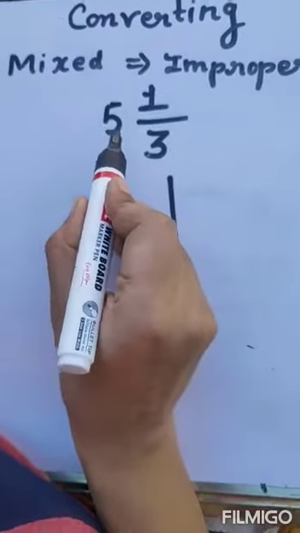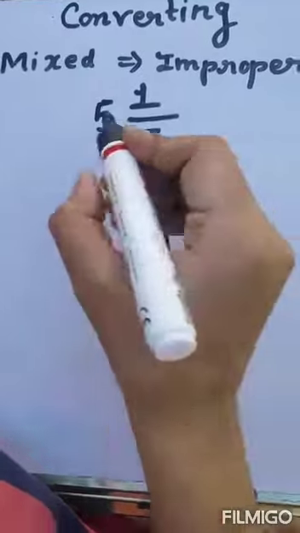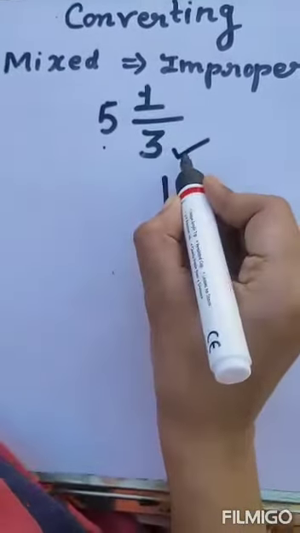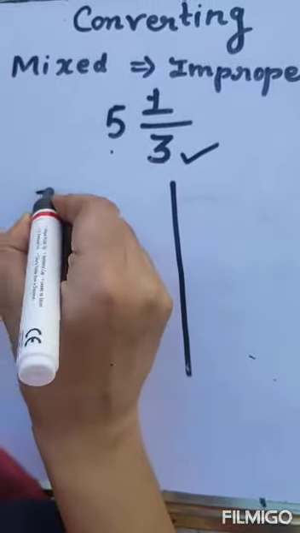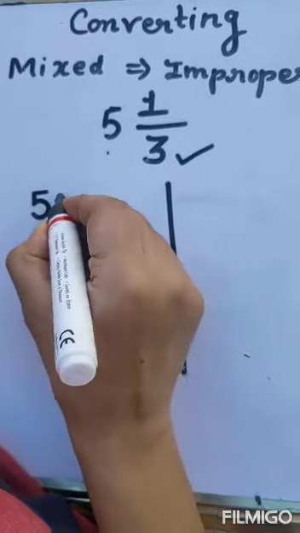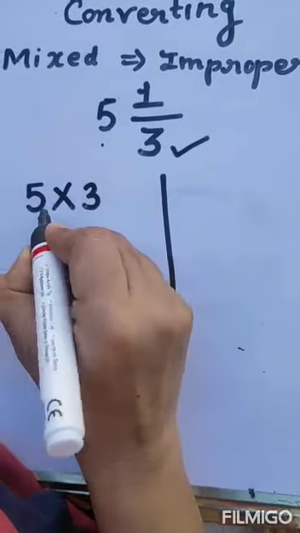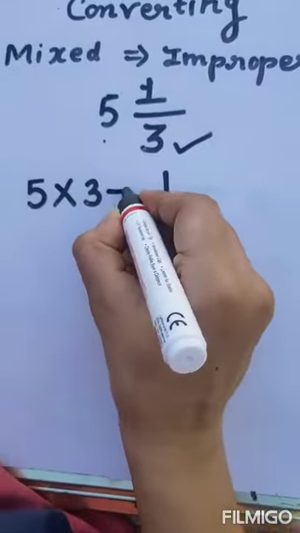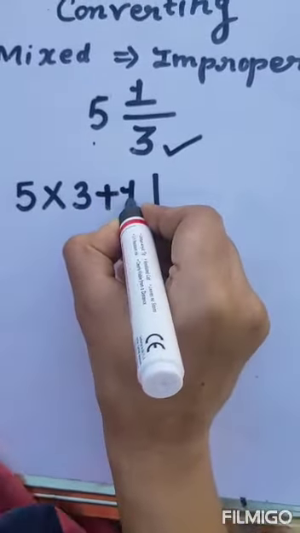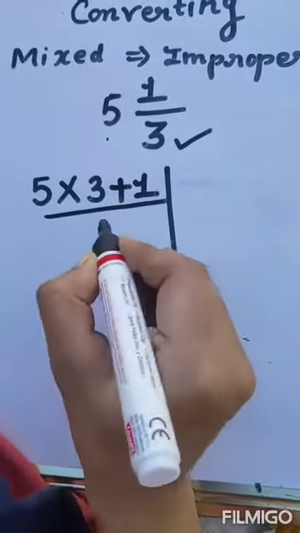The first way is we have to multiply the denominator with the number of wholes, that is, multiply 3 and 5. Whatever result comes, we add it to the numerator, that is 1, and the denominator will remain the same.